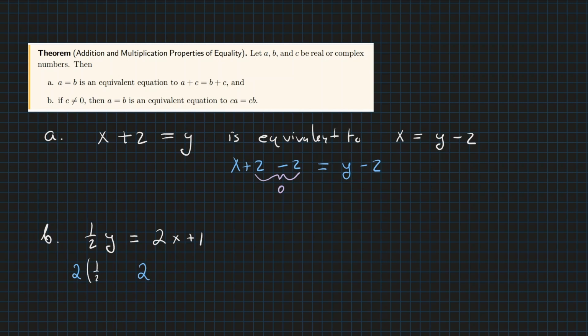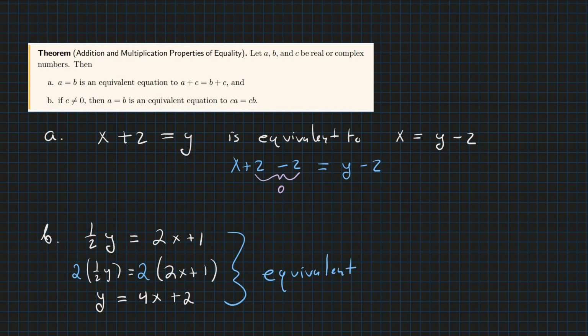I'm using parentheses to denote multiplication. Because you have 2 times a half, you have y, is equal to 2 times 2x, which is 4x, then 2 times 1 gives us a 2. So these three are equivalent equations.